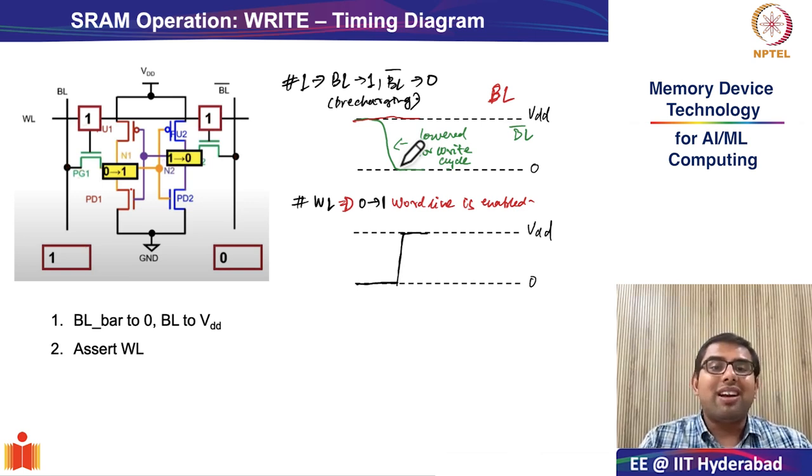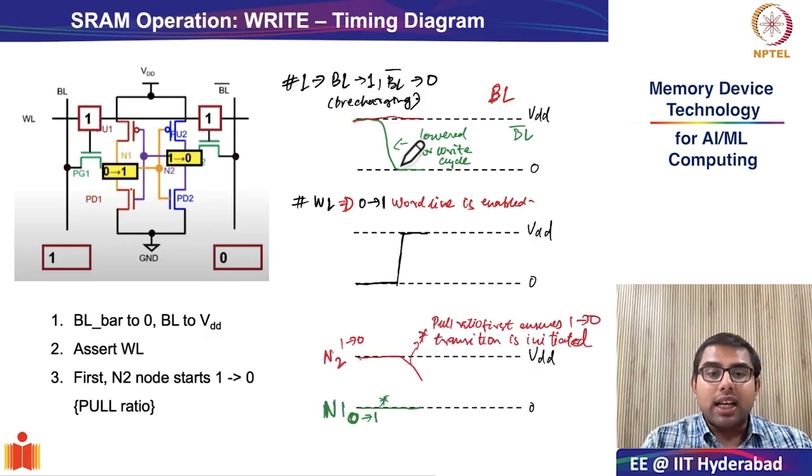When the word lines are enabled, as we have discussed just in the last slide, nothing really will happen on the left hand side of the branch, because this is very similar to the situation when we were trying to do a non-destructive read.